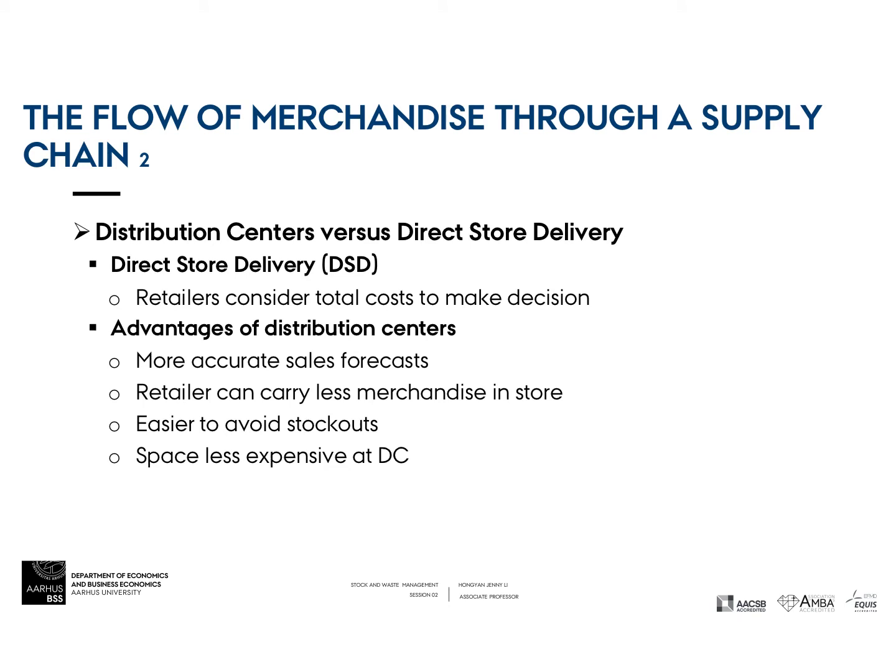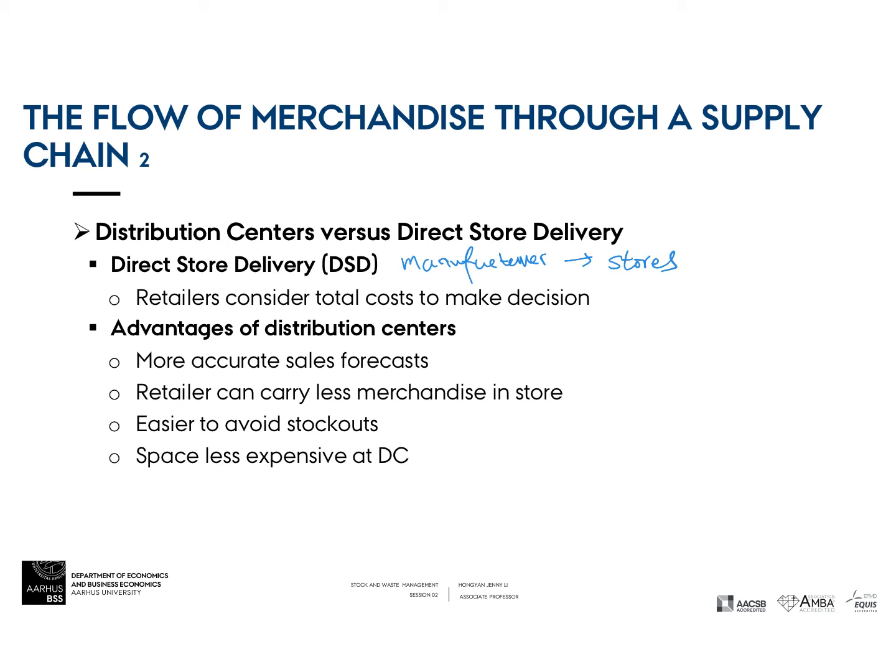So the distribution center versus direct store delivery are the two material flows we can observe in the previous exhibits. First, direct store delivery is where the manufacturer or supplier directly sends the items to the stores.